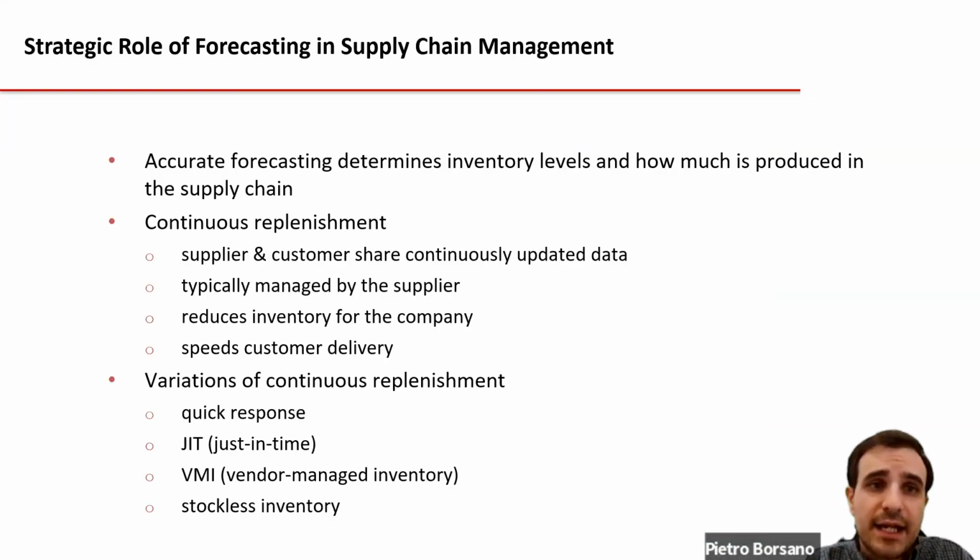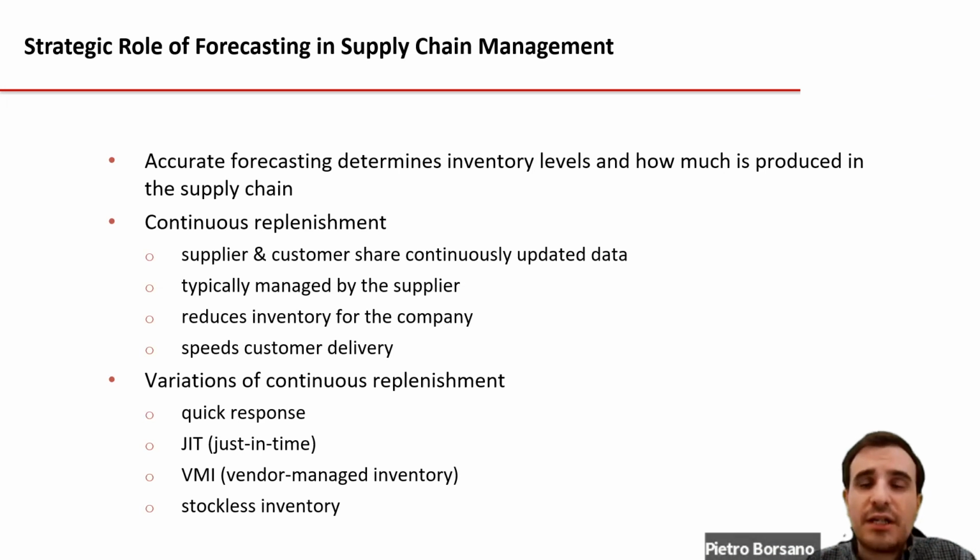On the other side, an accurate forecast will determine the right inventory level. And a right forecast will lead to a very important concept in light of Industry 4.0 application, which is the concept of continuous replenishment. What is this concept?